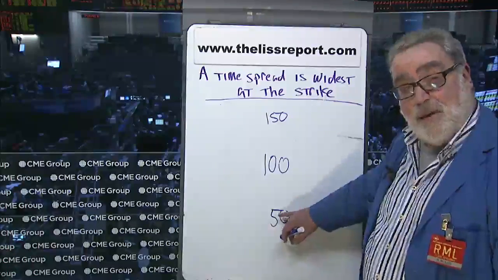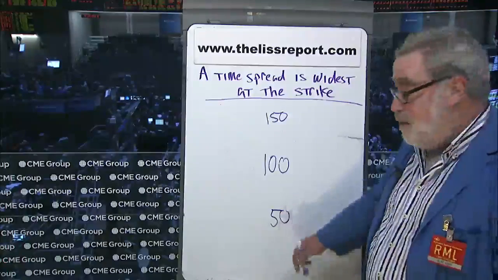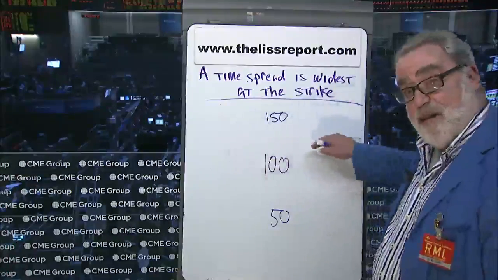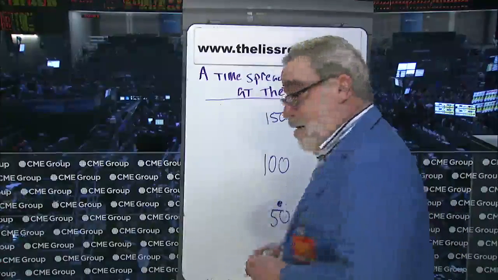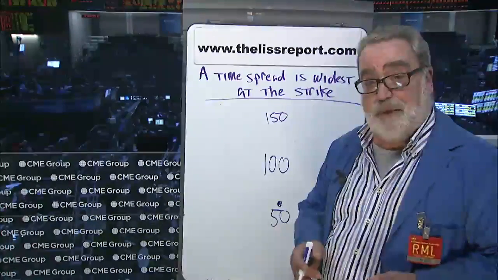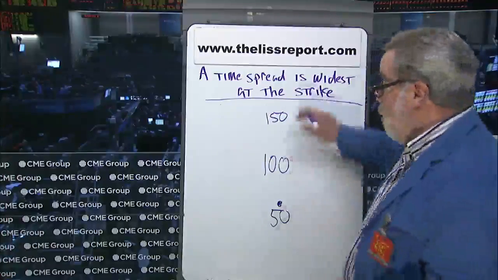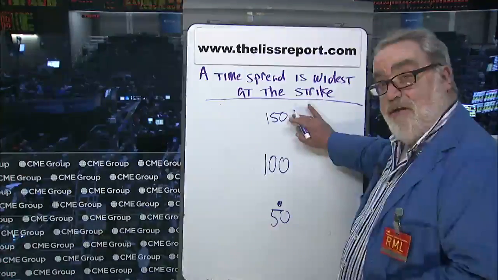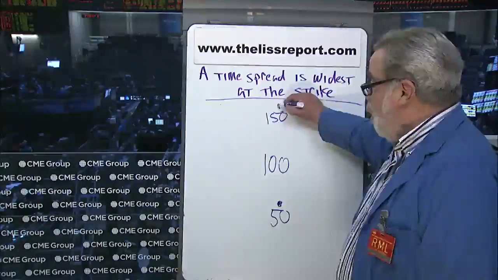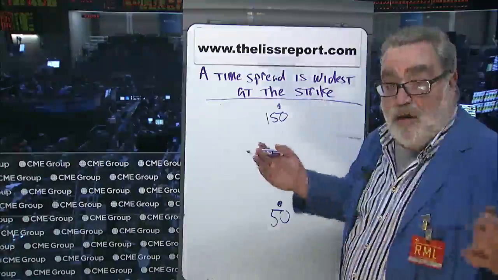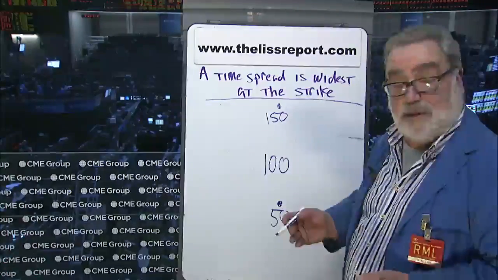Now, if XYZ is at 50, the difference between the near term and the far term option is going to be pretty close to zero, as both options are super deep in the money. Same way, if XYZ is 150, both options are so far out of the money that they'll both be trading at the same price, 5 cents or 2 cents, right?